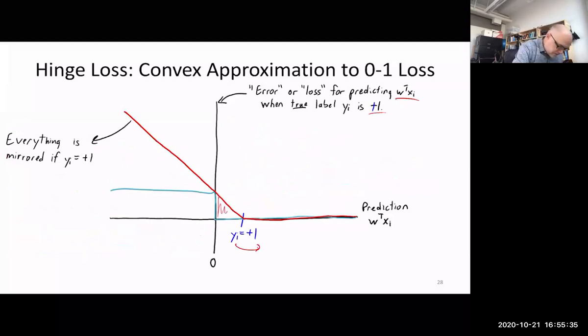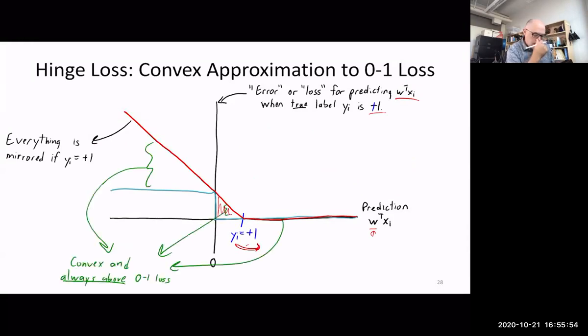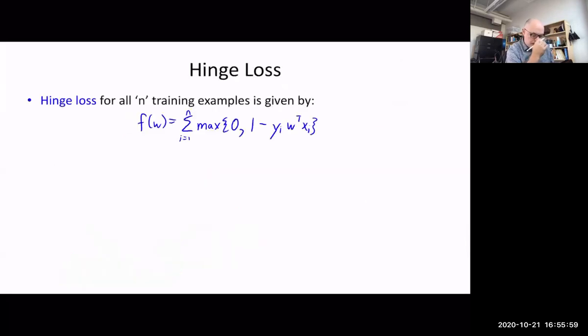Again, there's this little extra penalty that encourages the linear classification model to learn W's that actually separate the positive and negative examples by at least the margin, whatever that happens to be. Convex, always above the 0-1 loss, fine. So it's an upper bound on the loss.